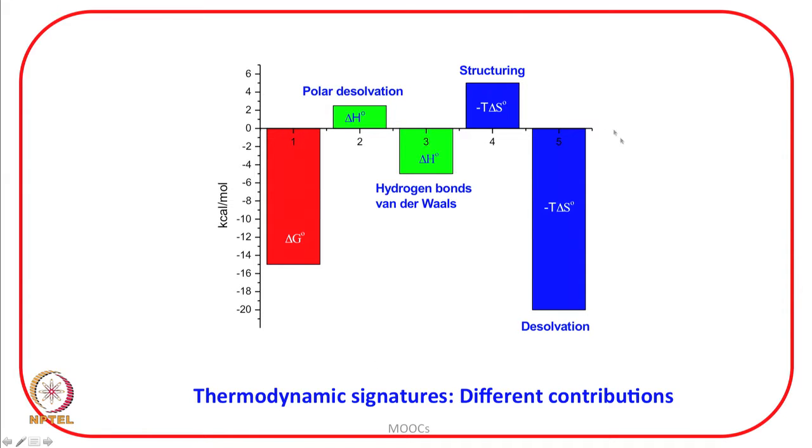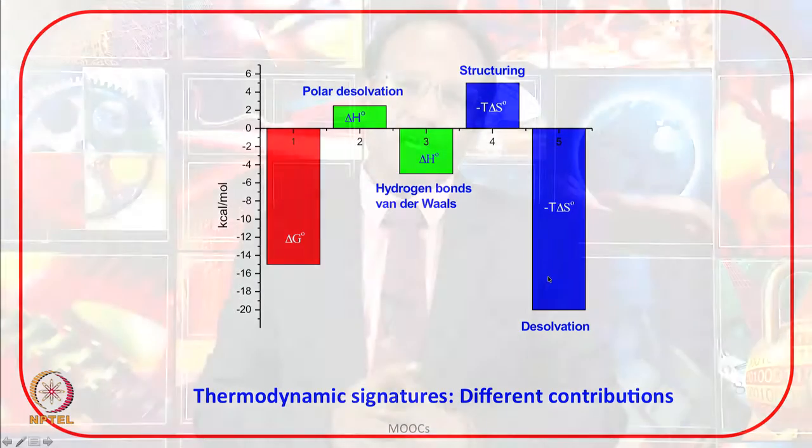So, these various thermodynamic signatures help us in understanding what kind of modifications can be done in a drug molecule, so that we can optimize the affinity, we can achieve a better affinity of the molecule. These kinds of data do give some general guidelines.